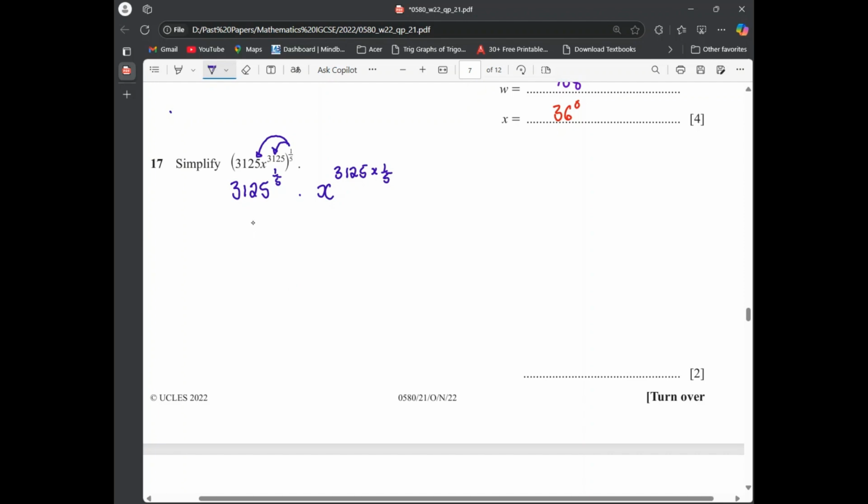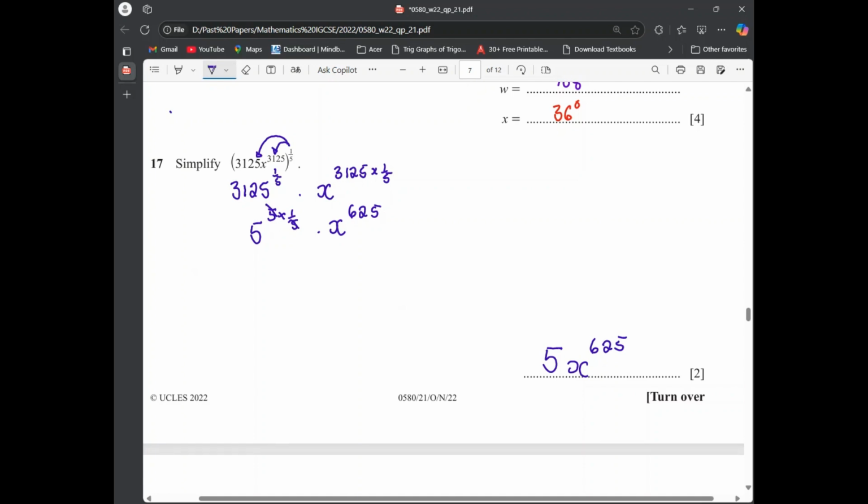Now, 3125 is the same as 5 to the power 5, multiplied by 1 over 5, and x to the power. Now, this is the same as 3125 divided by 5. Multiplying by a fraction is the same as dividing by its denominator. So 3125 divided by 5 gives us 625. The 5's cancel out there, and our final answer is 5x to the power 625.